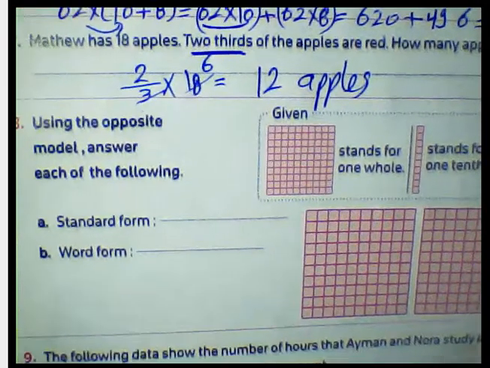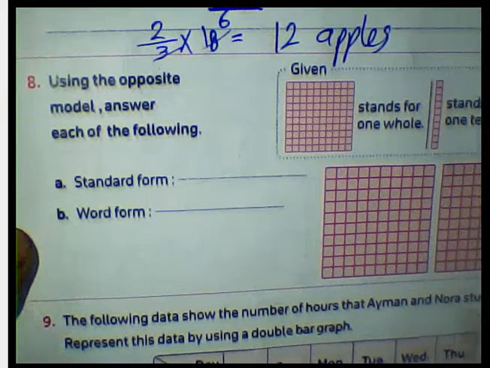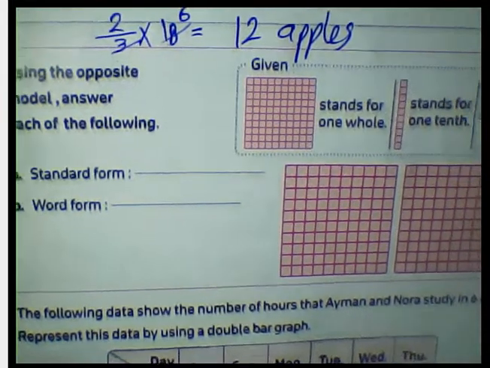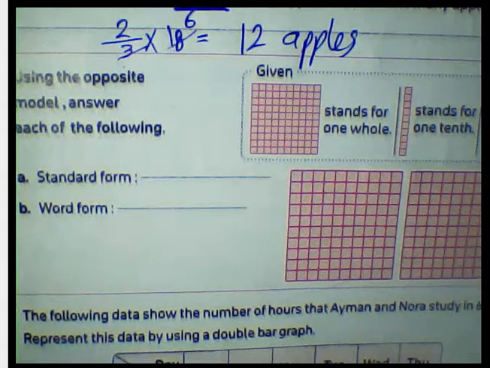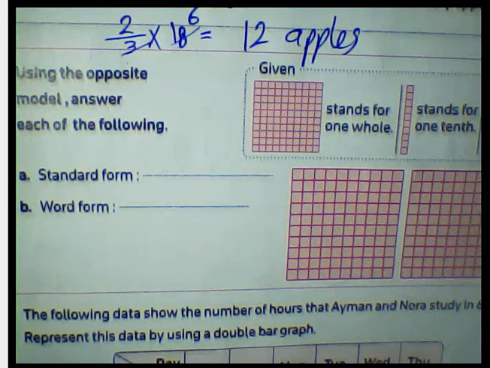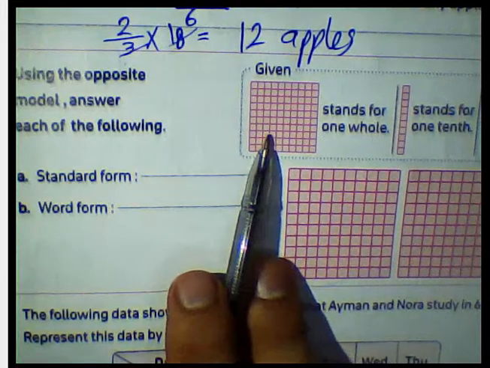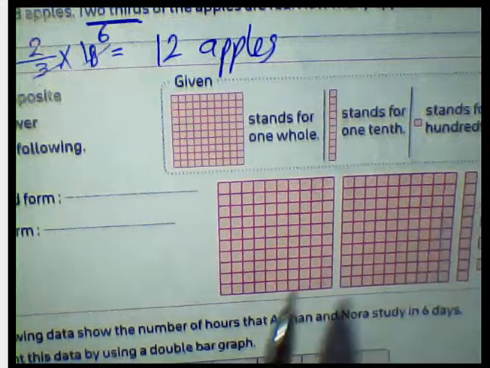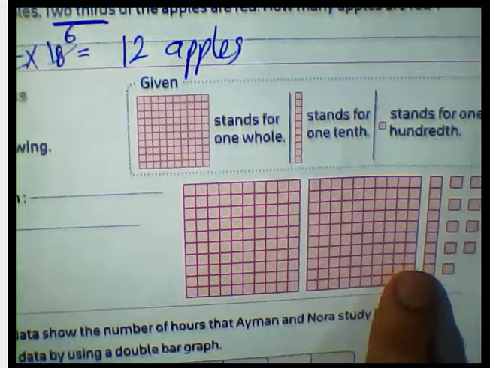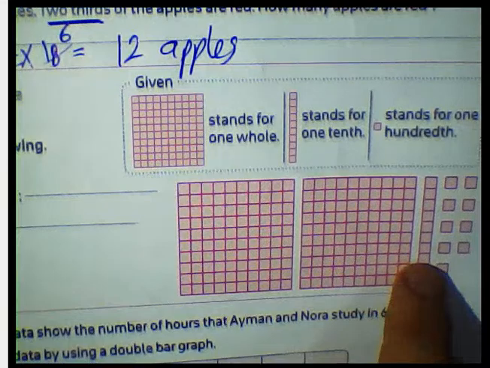Question number 8. Using the model to answer each of the following in standard form and word form. It's very easy. Can you write in standard form? It stands for 100 teens. Units or ones. Can you find the result here? We have 2 hundreds, 1 teens.